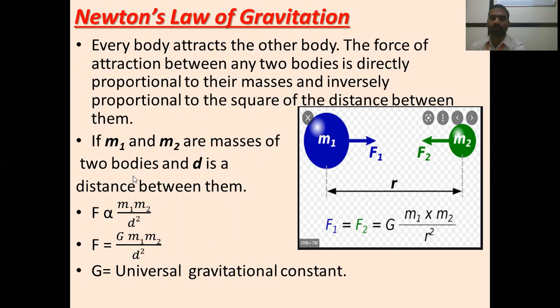When you remove the proportionality, the constant you get is G, capital G. So F = G M1 M2 / D squared, where G is the universal gravitational constant.